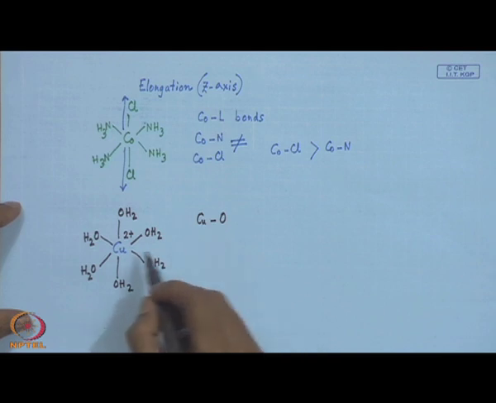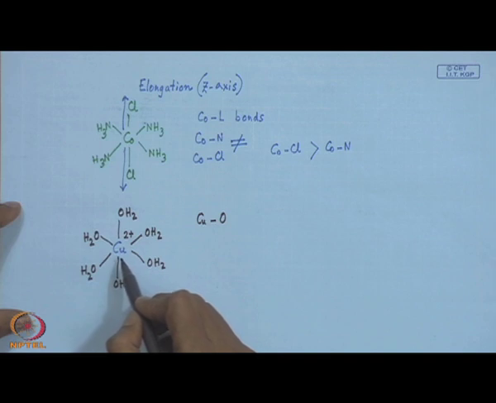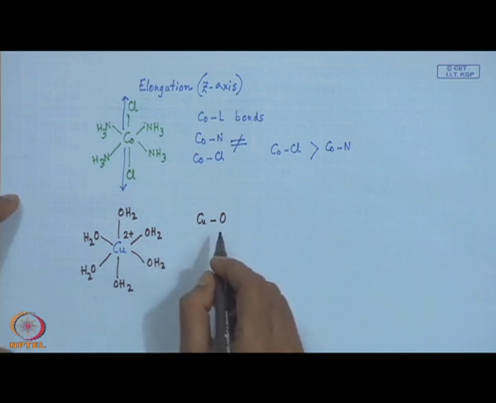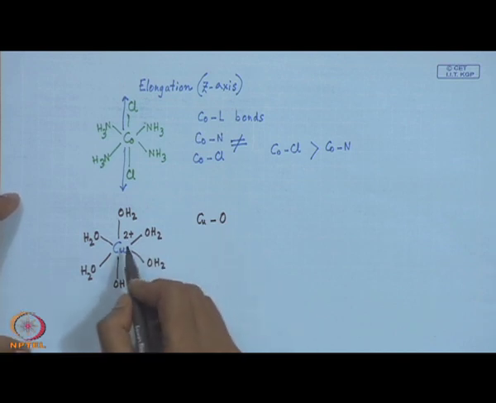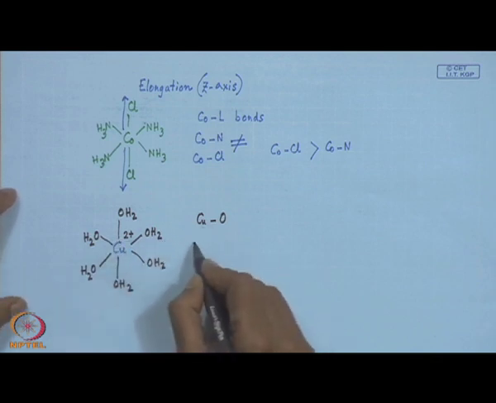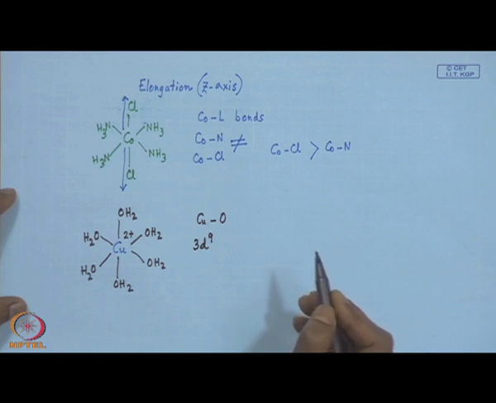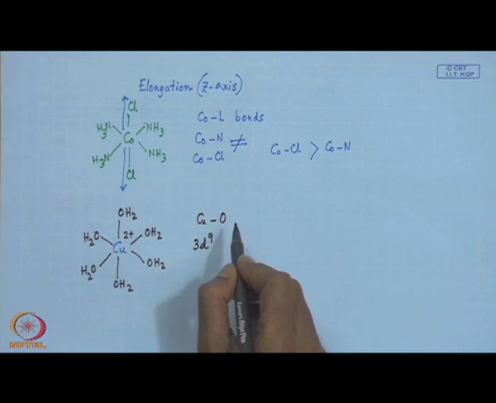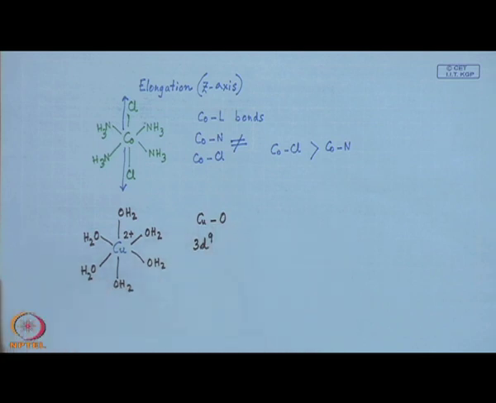We get unequal occupancy of the electrons in 2 levels, one the T2G level and another the EG level, which we will discuss in future classes. Since the electronic configuration is 3D9, we will have two types of copper oxygen bonds, and we get either compression or elongation. This is the elongation, this is the compression.